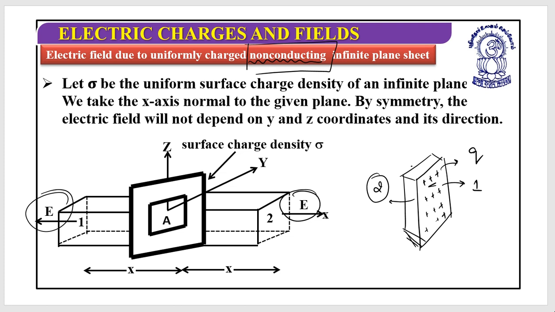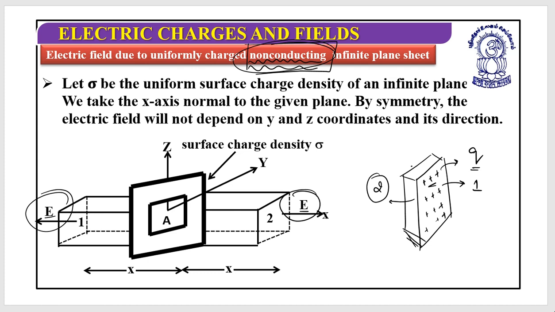Do you understand what I mean? If I have been given a charge on any one side, then the charge would be available on that side only, because as its name suggests, it is non-conducting. But energy does not have any boundation. Electric field is one kind of energy only. So the electric field will be available in both directions.